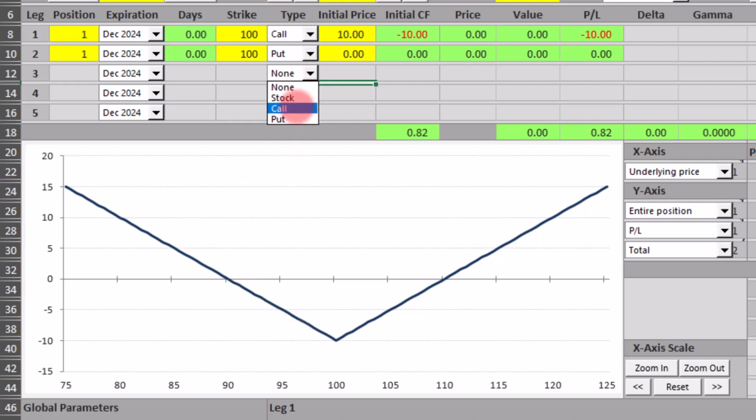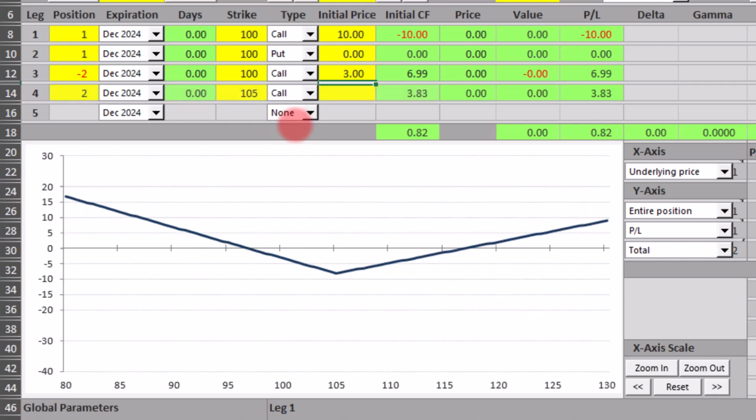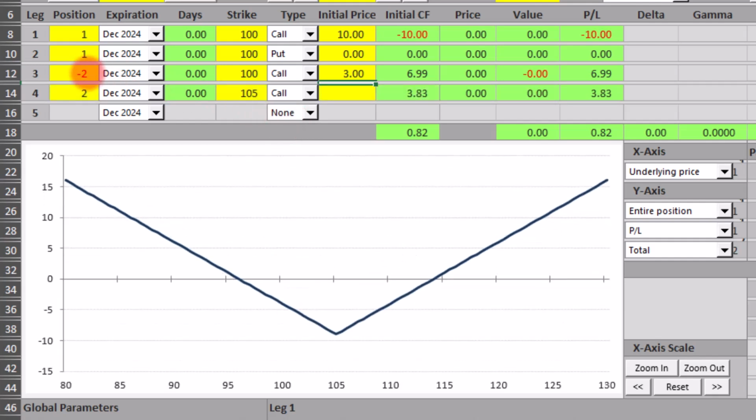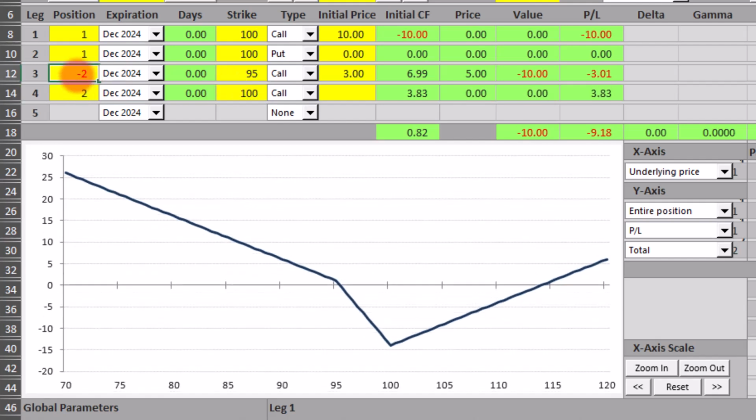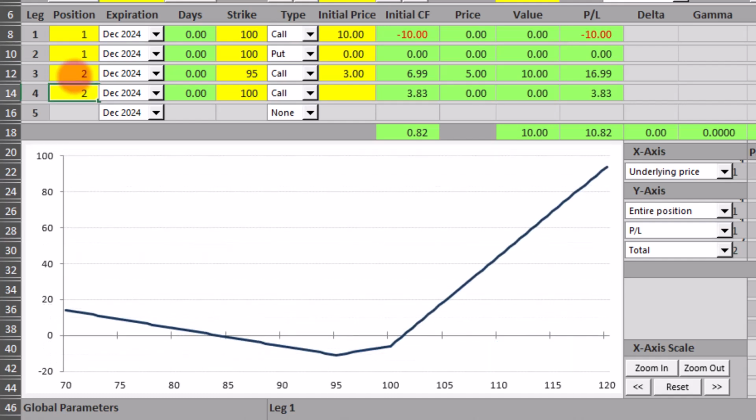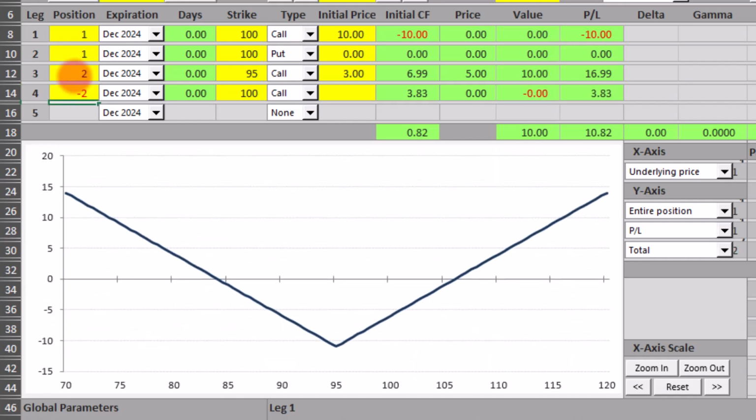Let's make this a call and a call. We're going to buy 2 of the 95s. So let's make this the 95 strike right there, and we'll make this the 100. We're going to buy 2 and then sell 2. And if we do that, we should shift up by how much?